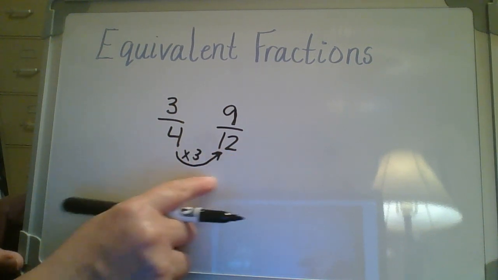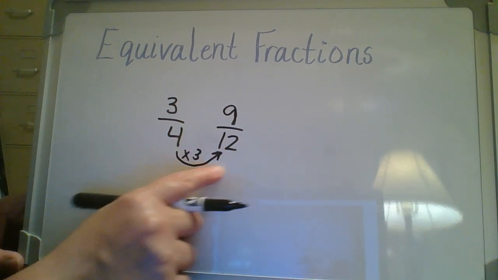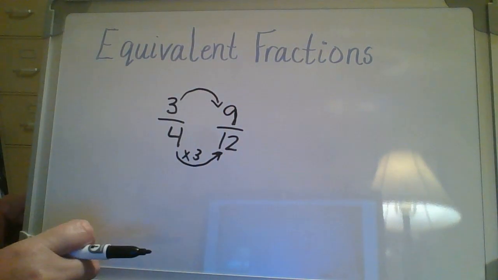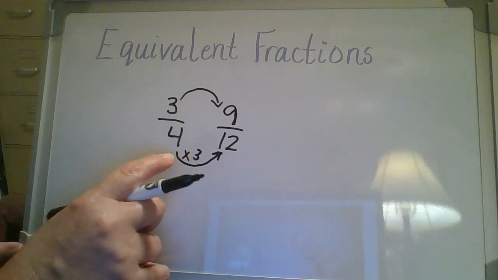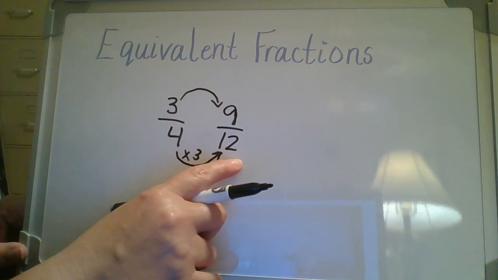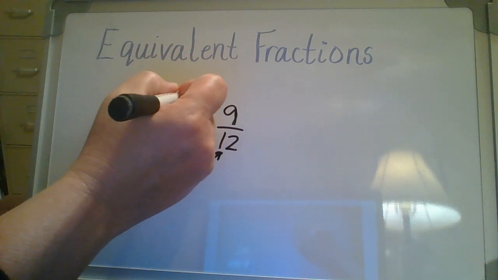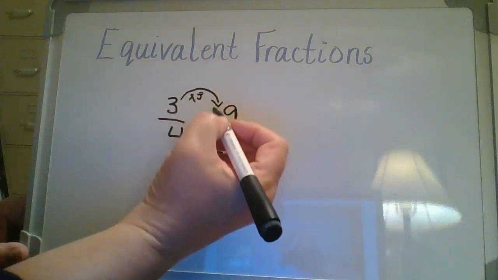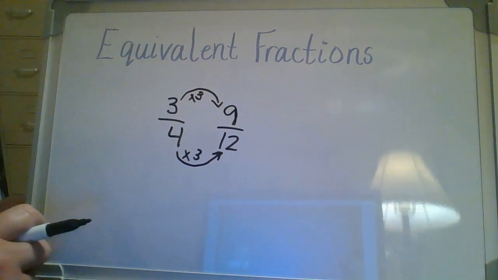Well, to keep the same ratio, what I do to my denominator, I must also do to my numerator. If I multiply my denominator by 3 to get 12, I also have to multiply my numerator by 3.